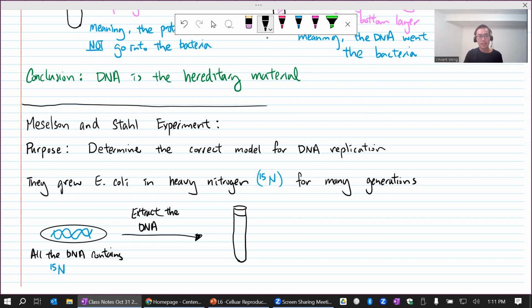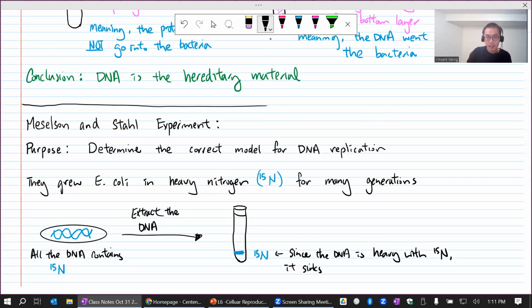Because these are heavy nitrogen, you would see a band here. The DNA sinks to the bottom. So this is N15 DNA. Since the DNA is heavy with N15, it sinks to the bottom.